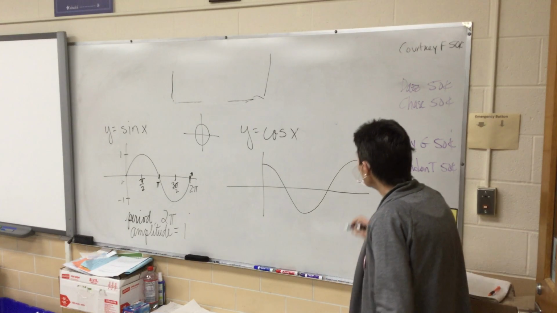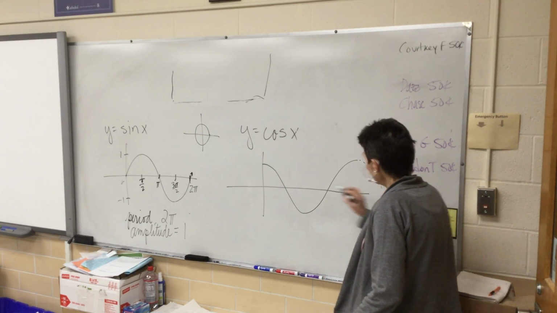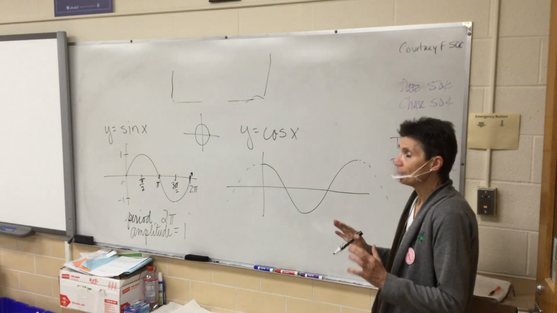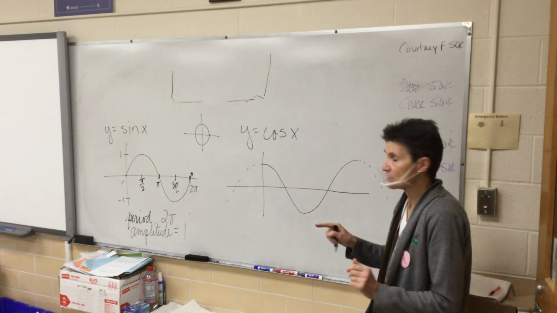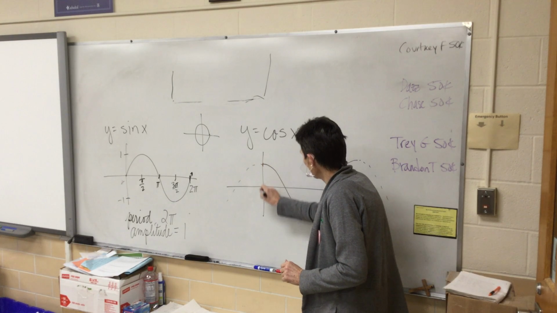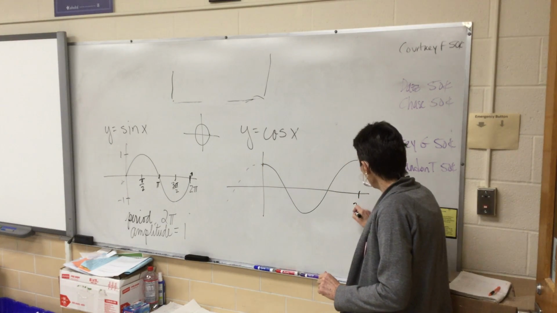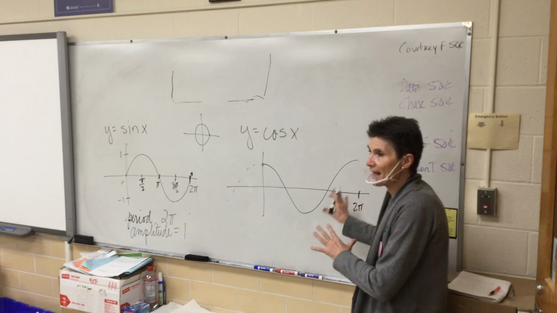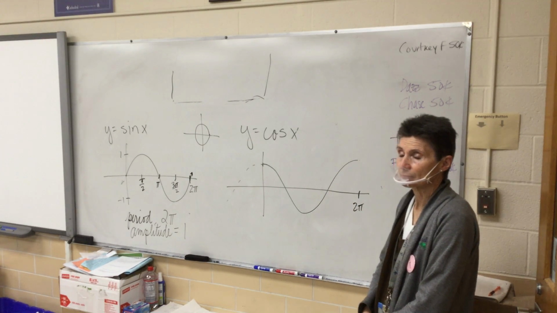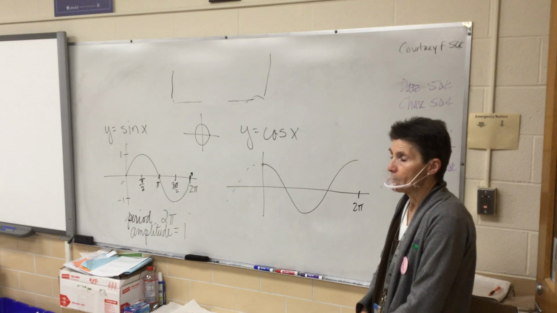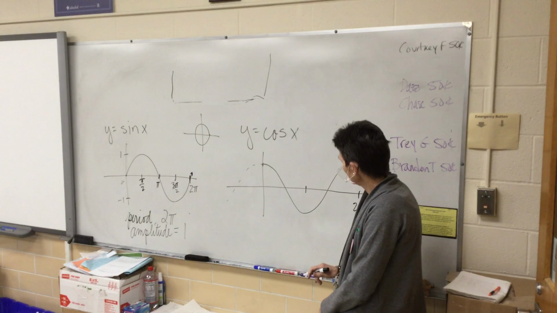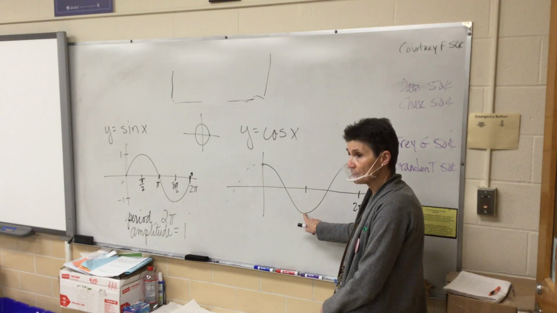It, too, goes on and on and on forever, but we only graph one trip around the circle. So here's 0, and here is 2 pi. One trip around the circle. That's what it looks like. So the middle of this curve is down here.